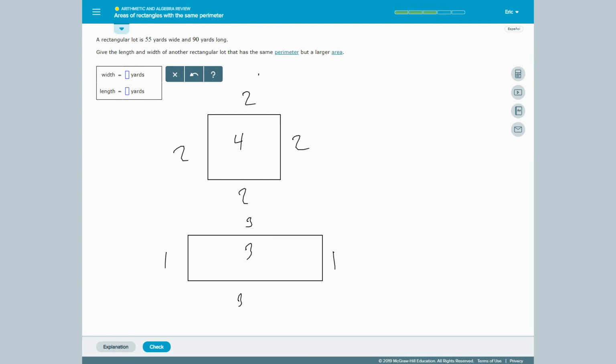However, if you do the perimeter, 2 plus 2 plus 2 plus 2, that's 2, 4, 6, 8. 3 plus 1 is 4, plus 3 is 7, plus 1 is 8. The perimeters are equal. How is that? Well, if you notice, I just added 1 to my length and subtracted that same 1 from my width. Basically, if you add any number to your length and subtract it from your width, your area will change, but your shape will still have the same perimeter.